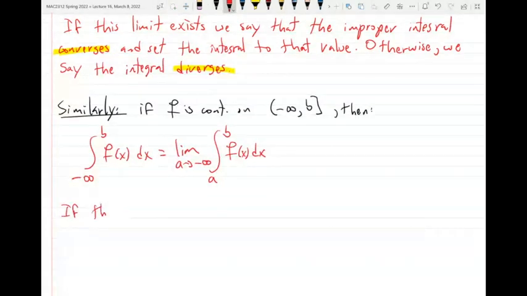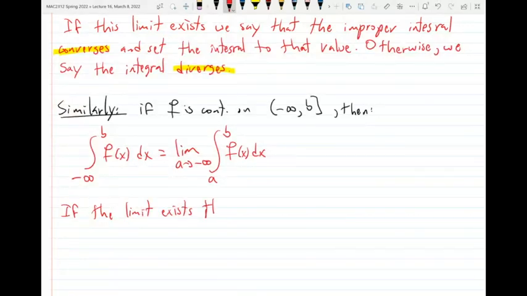If the limit exists, the integral converges. Otherwise, it diverges.